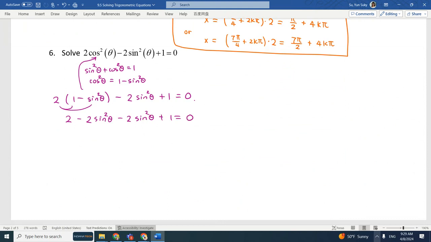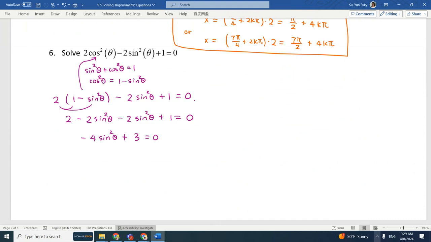Let's combine the like terms. They're both negative, so when you combine them, how many sine squared? Minus 4 sine squared. What's the constant term? 3. Right, everybody?